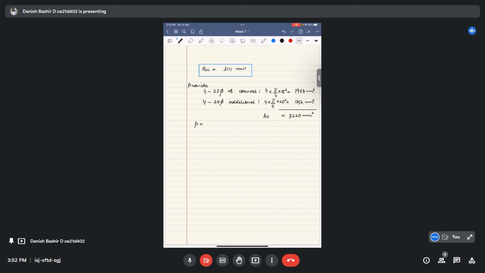The percentage of the reinforcement that we provided is 3220 divided by Ag, the gross area, which is 450 times 600.